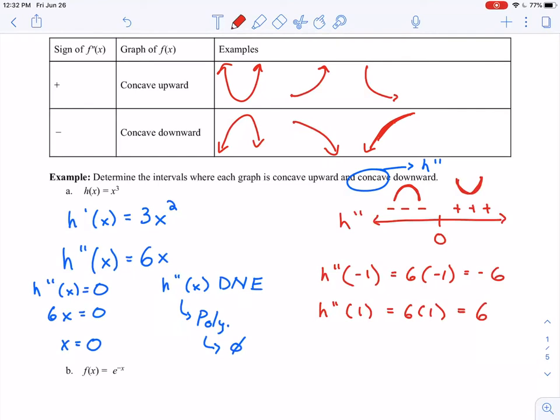At this point, we've done most of the heavy lifting. Now we just need to interpret this number line that we've created, because I need to determine where the intervals are where it's concave up, and where the intervals are where it's concave down. Well, it's concave up on the right-hand side of 0, where the second derivative was positive.